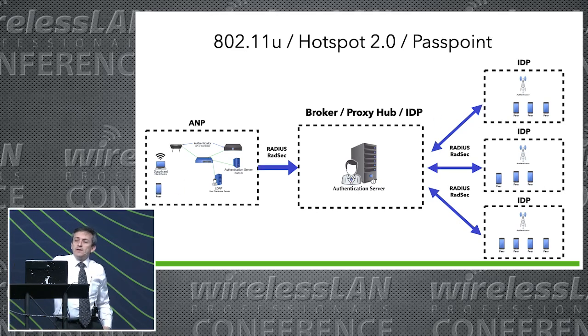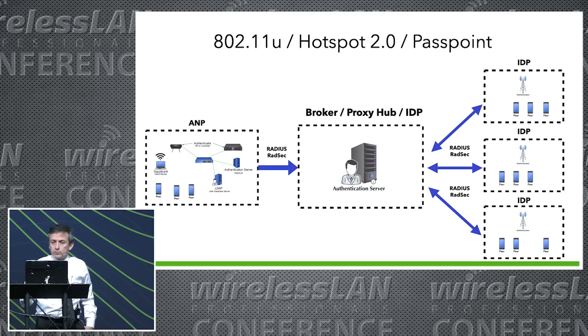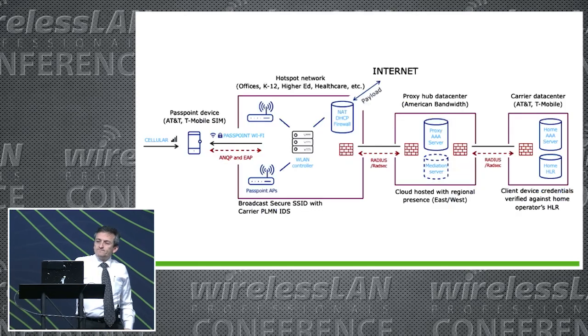So if we have now devices coming from different carriers, going through the broker, they are going to be sent wherever they need to go for authentication, and then they go through a process of verifying that, yes, that person is good, that the account is valid, that they are not behind on their bill, and that they can authenticate to a local network. Okay.